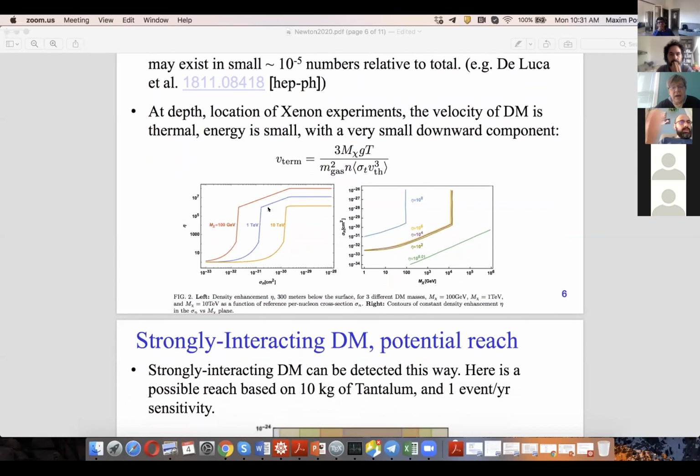So basically the interesting part here, of course, is that there is a density increase as this stuff sinks. First thing first, it slows down to a thermal velocity, because it experiences frequent collisions with nuclei.